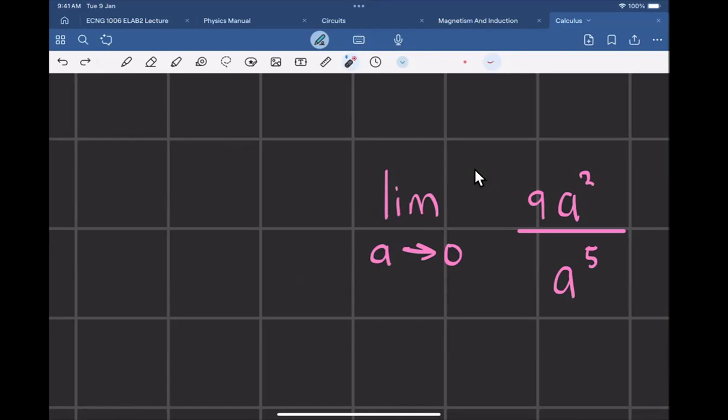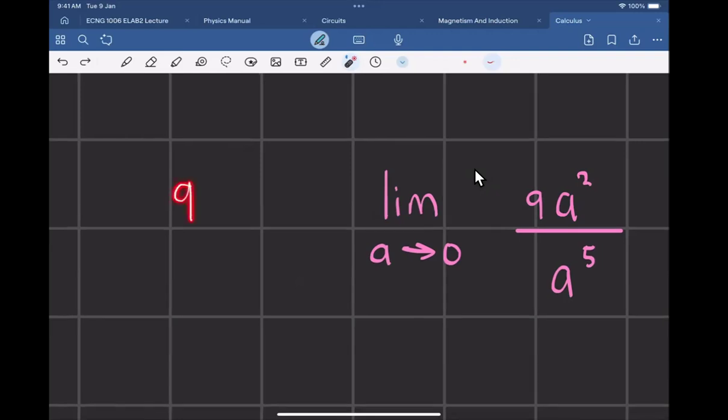So it'll basically be a to the power 2 minus a to the power 5. So it'll be 2 minus 5, and it'll be a to the power minus 3. Yeah, that's correct. Nice.